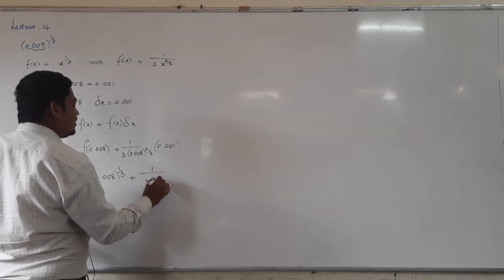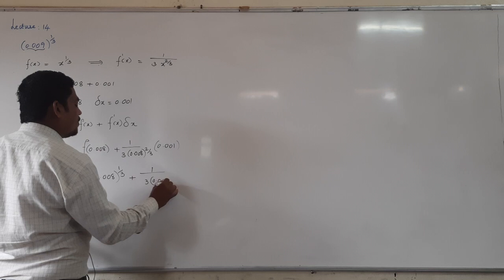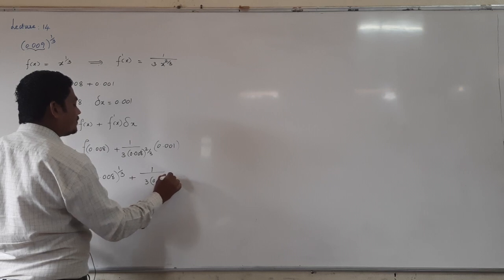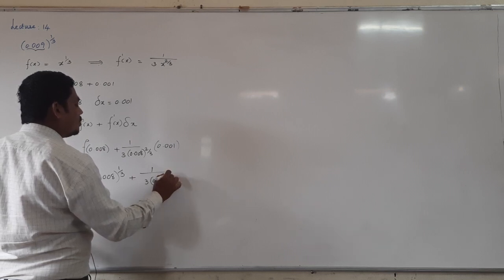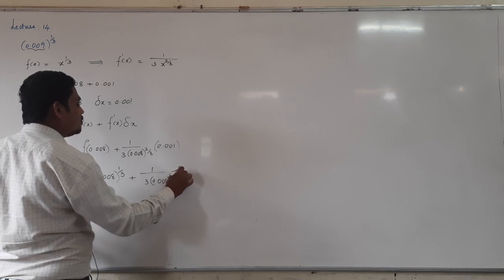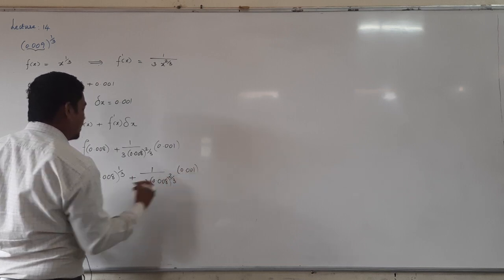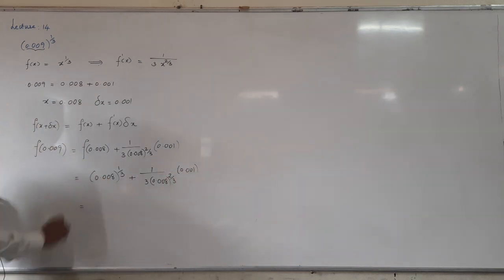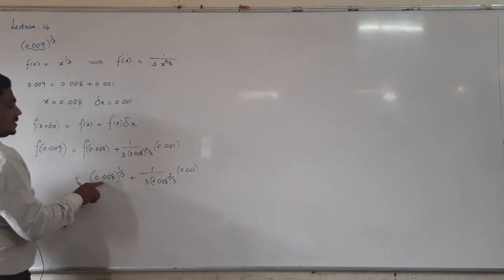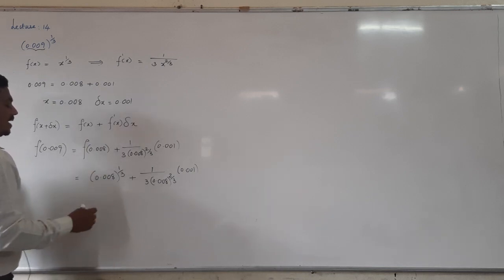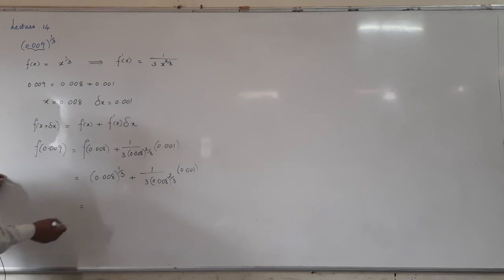otherwise write one more step, 0.008 whole thing power 2 divided by 3 into 0.001. Then 0.008 can be written as 0.2 whole cube.